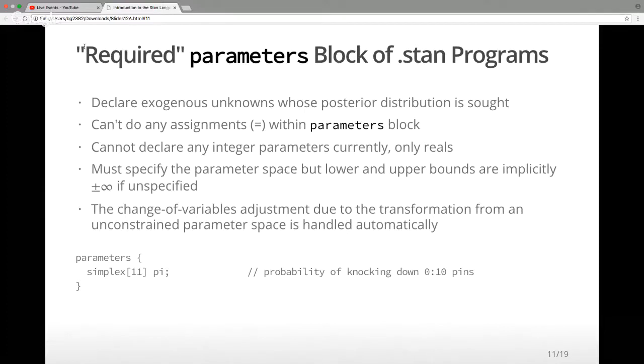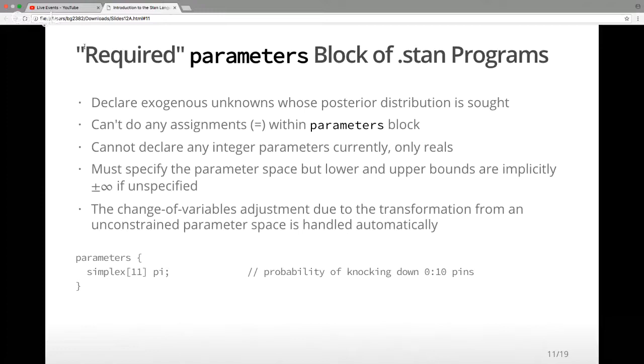So you don't have to do it yourself, but you have to be aware that Stan is basically drawing from this unconstrained parameter space in 10 or 11 dimensions in this case, and then doing transformations of that in order to get a vector of numbers of size 11 that's non-negative and adds up to 1.